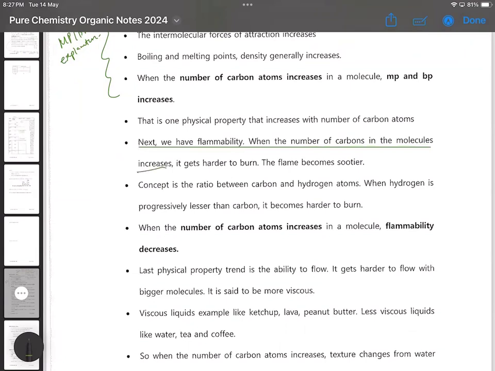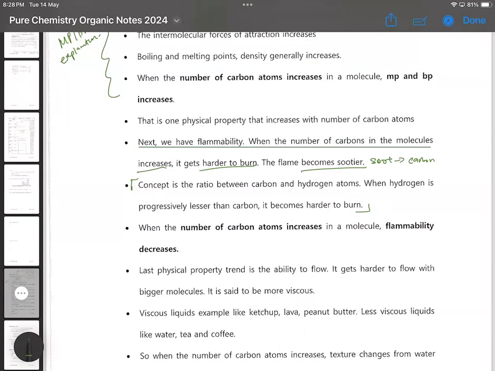When they increase, it gets harder to burn. The flame becomes sootier. What is soot? Soot essentially is just carbon solid. This is actually the explanation, what I just told you, but it's not important to know.